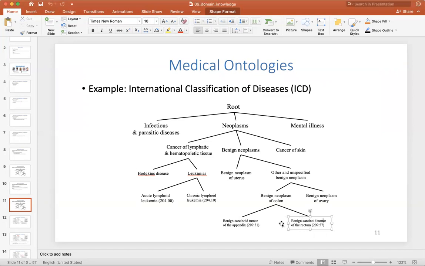In that case, maybe you could design a model so that when you're trying to represent this rare disease, you can pull some knowledge indirectly from here, because it is connected by this parent, the benign neoplasm of colon. The knowledge accumulated in this particular code can be propagated from here to here and here. So you don't have to start from ground zero when you're learning to represent this particular code.